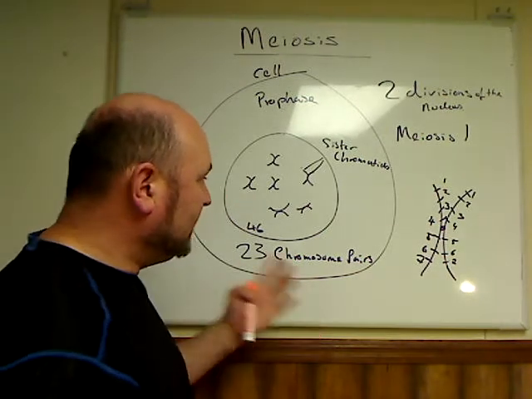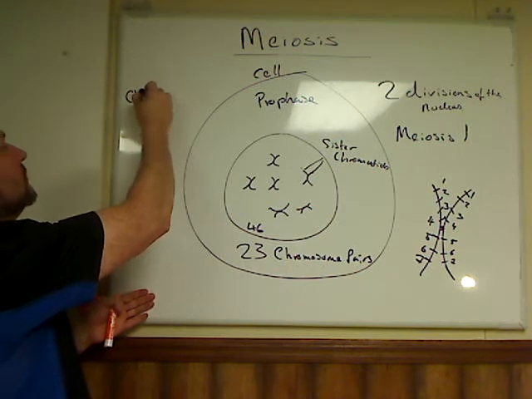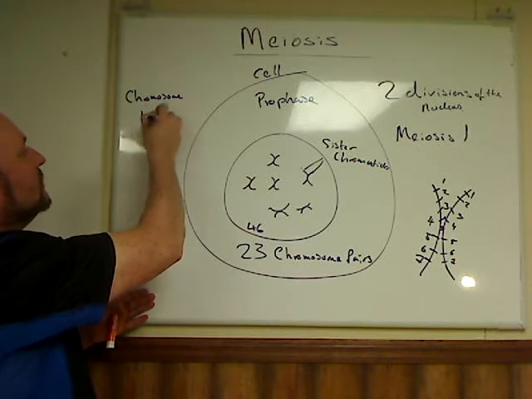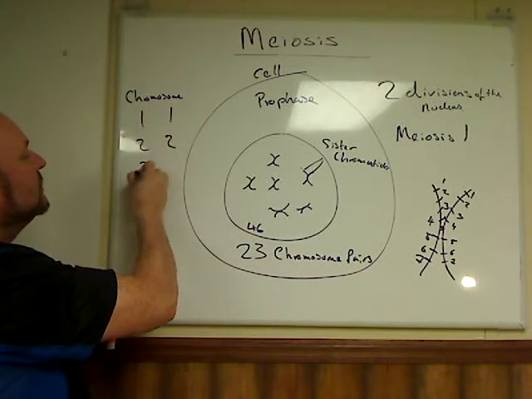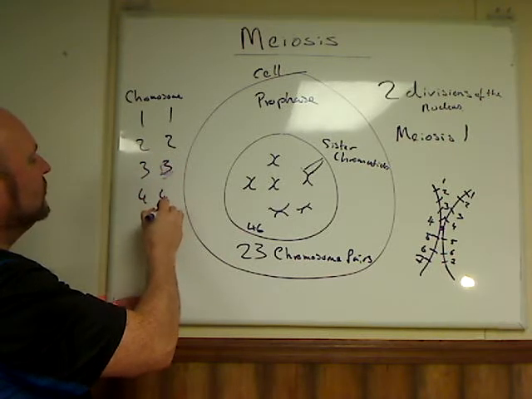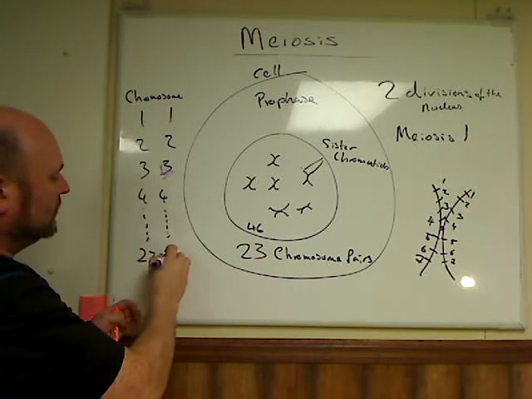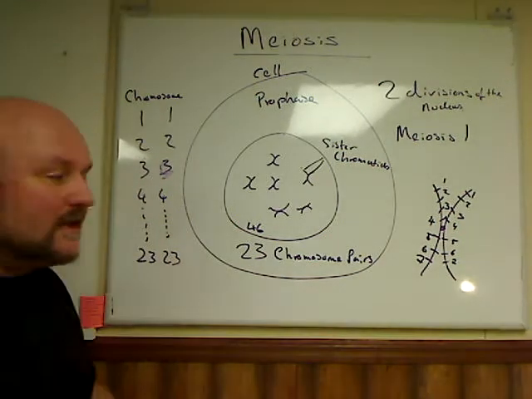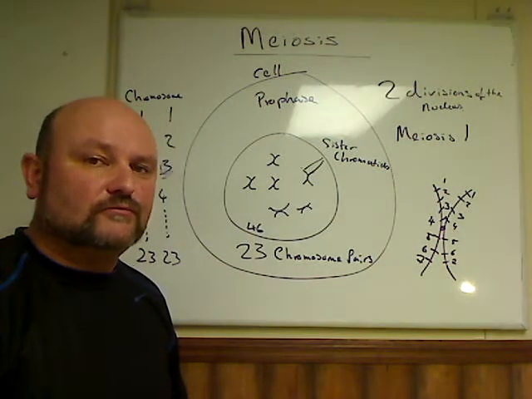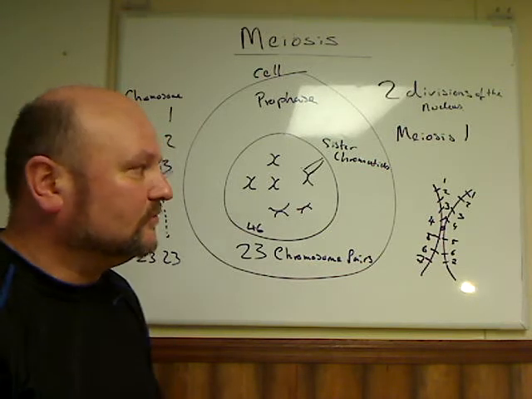And what that means is we have chromosome 1, 2, 3, 4, all the way down. So we have 2 copies of chromosome 1, 2 copies of chromosome 2, 2 copies of chromosome 3, etc. all the way to 2 copies of chromosome 23.